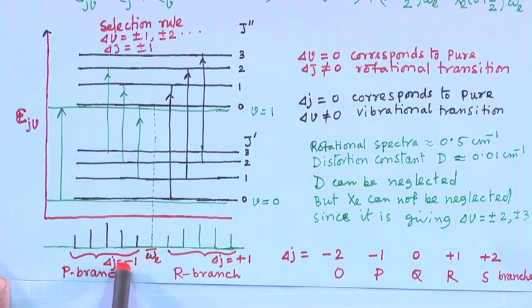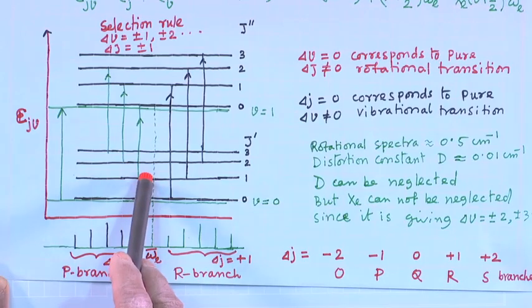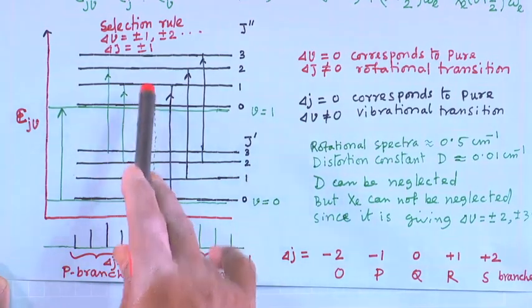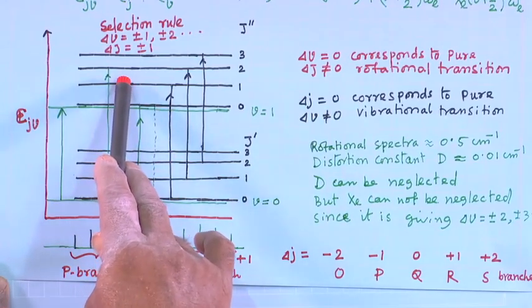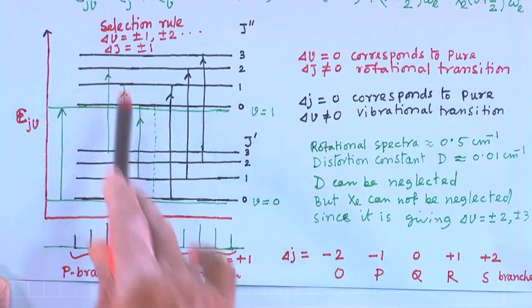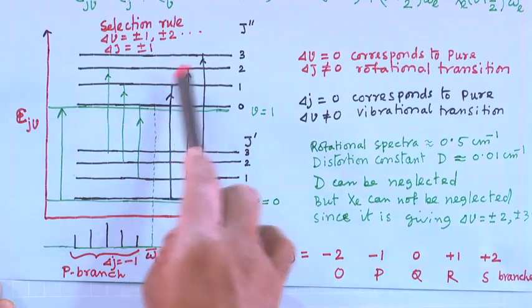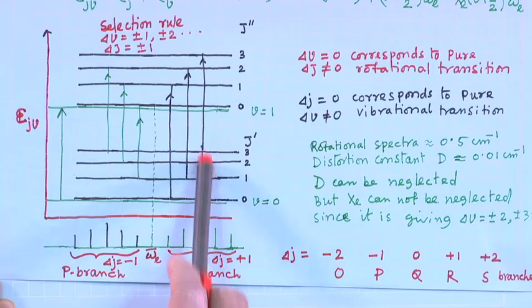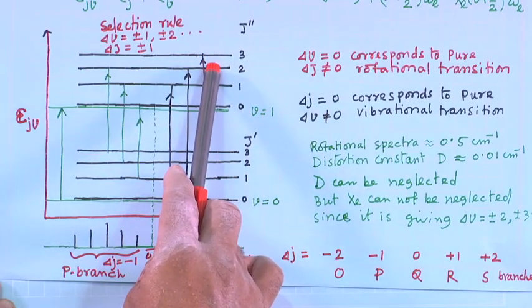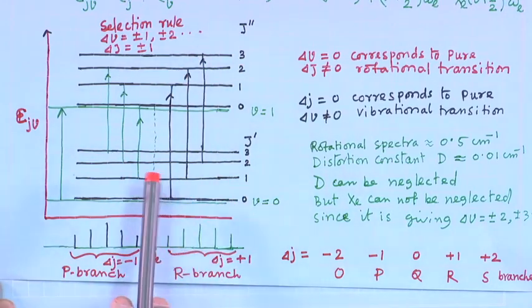That way I have written del j equal to minus 1. So, transitions 1 to 0, 2 to 1, 3 to 2 are allowed and we will get spectral lines on this left side, and on the other side for del j equal to plus 1, that means 0 to 1, 1 to 2, 2 to 3, we will get these spectral lines, okay.